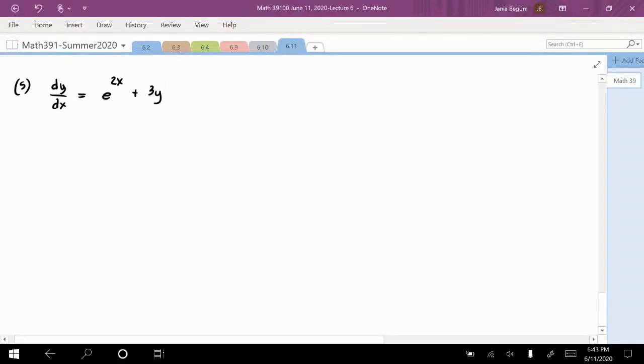So y is to the power 1, and then we have the derivative by itself. So it looks like we can write it in the form of a linear equation, dy/dx minus 3y is equal to e to the 2x. So check. We can use the method of integrating factor, right? So this would be linear. And then you would know how to solve this, okay?